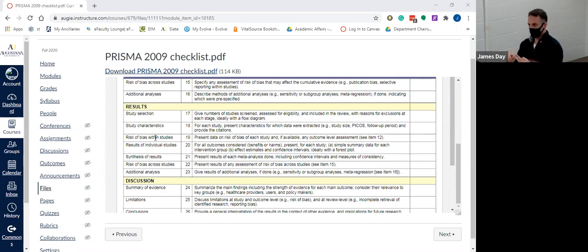And then the second thing is, this is where brevity is truly next to godliness. We want to know what you found in the least number of words necessary.